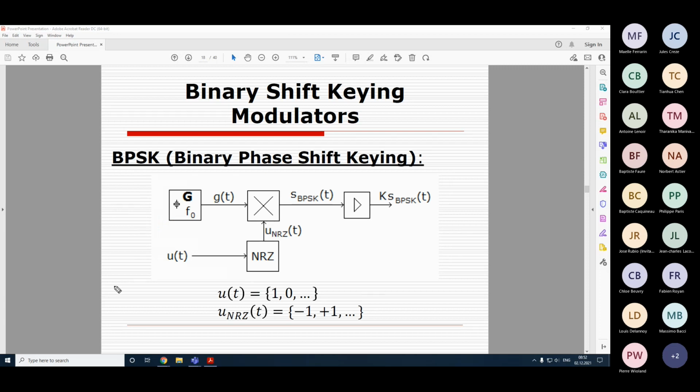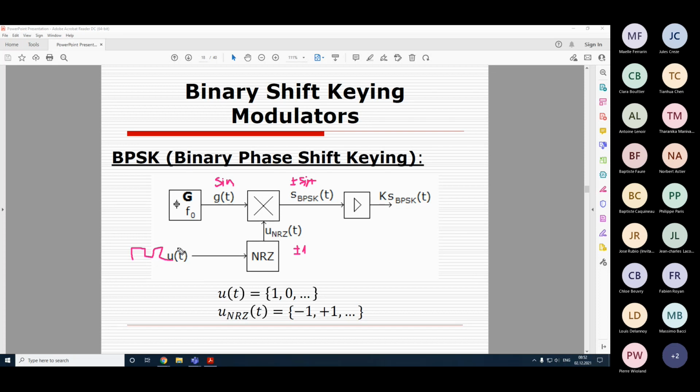It would be much easier if we convert our data signal into NRZ format, which now has plus and minus 1, and straightforwardly multiply it with our sine wave. So this way, if we have sine, we multiply it with plus minus 1. Here we are going to get plus minus sine, depending on what the data was. If we have 1, it will be minus.